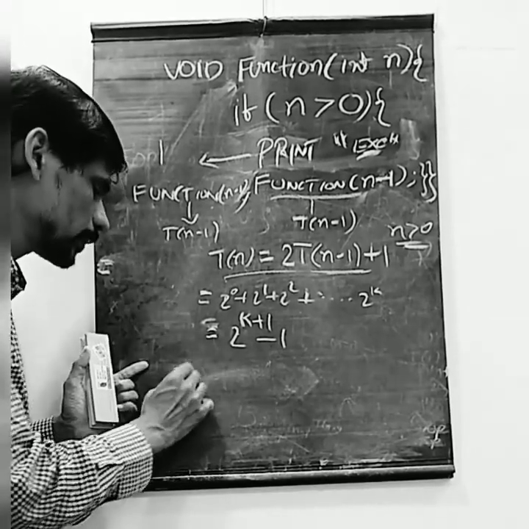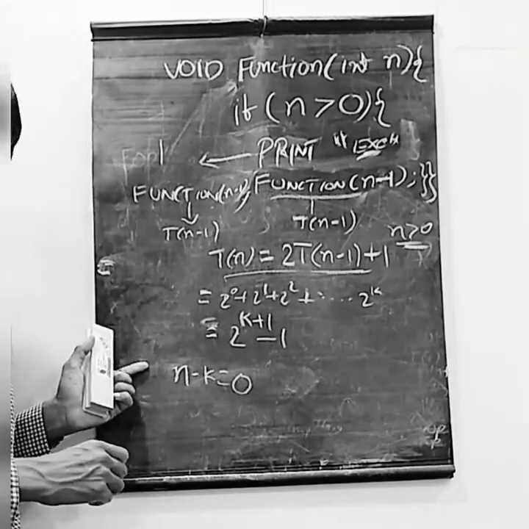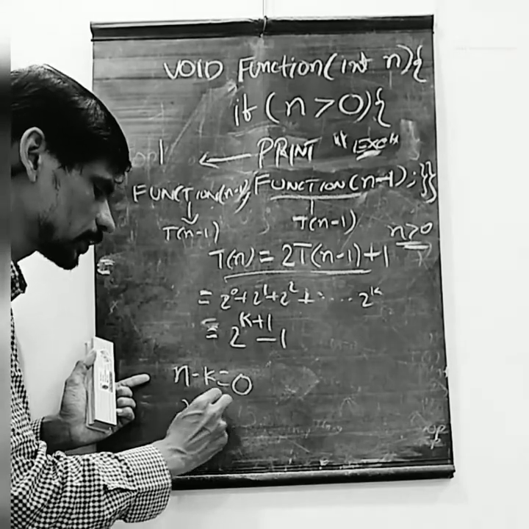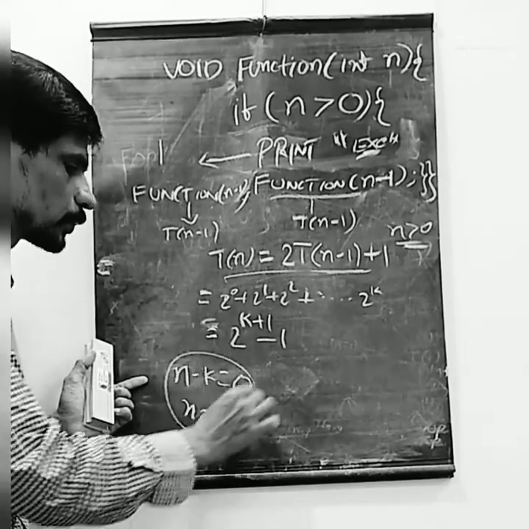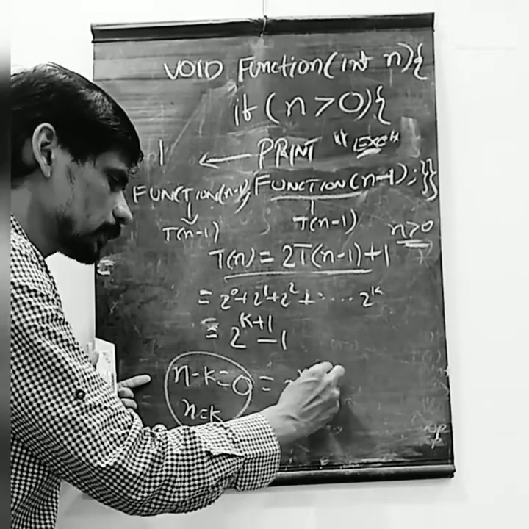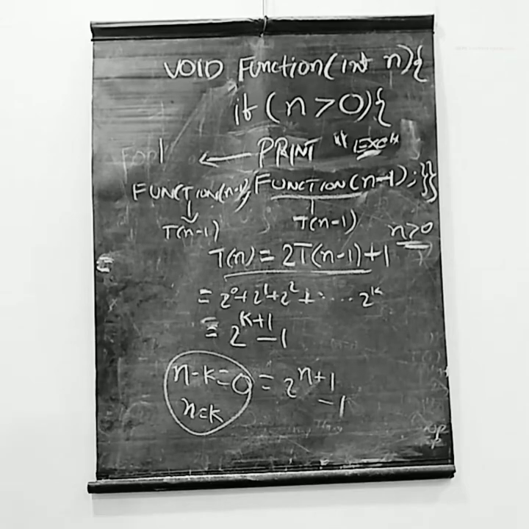Assume n minus k equals 0. Then n equals k, right? So instead of k, I can write it as 2 power n plus 1 minus 1.